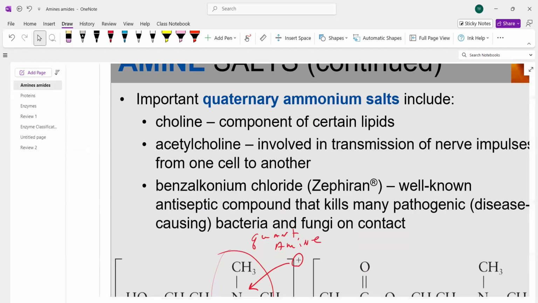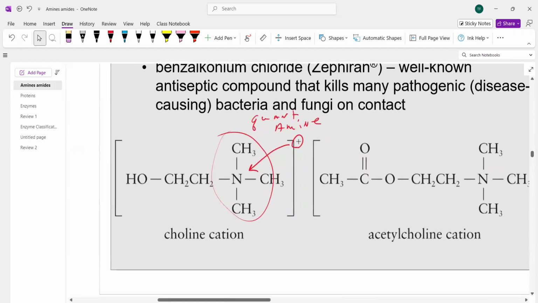Okay, these guys biochemically are all over the place. Last unit, we talked about choline, and we talked about phospholipids, and lecithin was one of the phospholipids that had choline attached via an ester to the phosphate group.